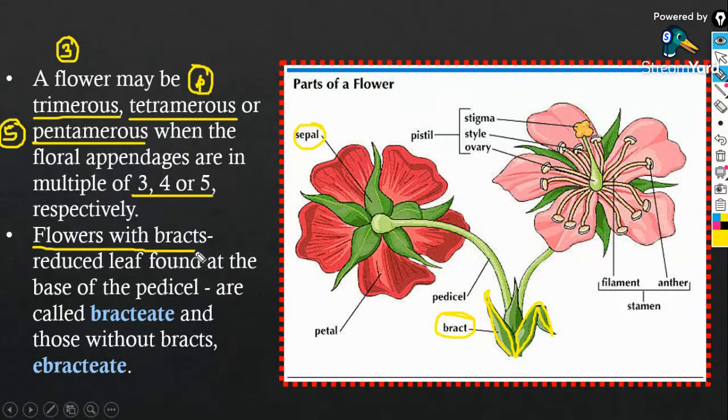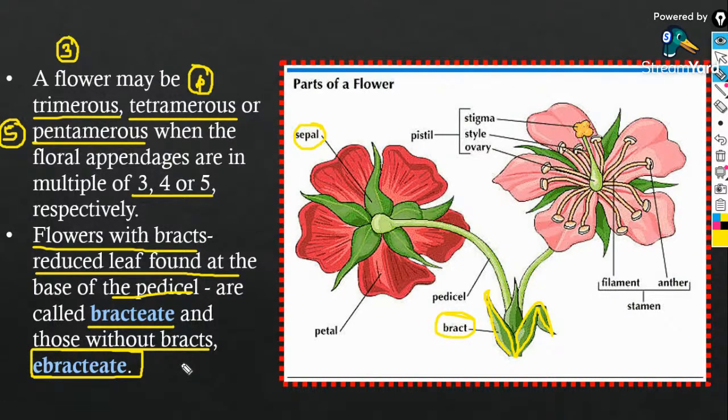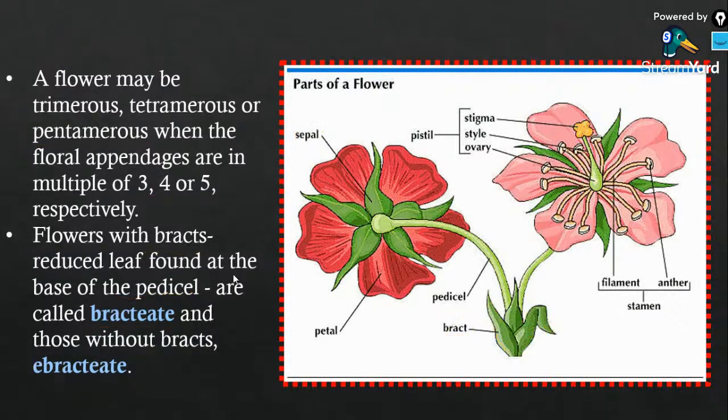So flowers with bracts, the reduced leaf found at the base of the pedicel, are called bracteate flowers, and those plants without bracts you will call the ebracteate condition. Clear? So that is the difference between a bracteate and an ebracteate flower.